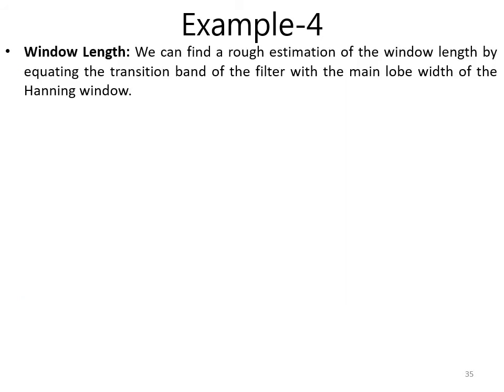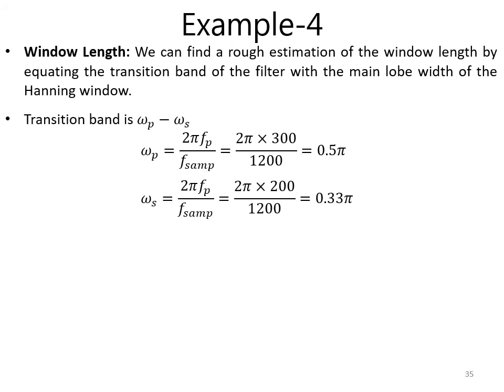Now we have to choose the window length, and for window length we have to compare the transition band with the width of the main lobe of the Hanning window, right? So the width of the Hanning window main lobe is again 8 pi upon M, and the transition band width is omega p minus omega s. Omega p is 2 pi fp upon f sample, which is 0.5 pi, and similarly omega s is 0.33 pi.